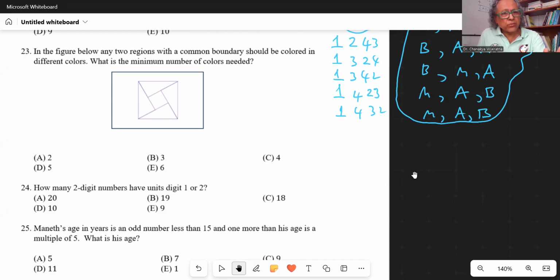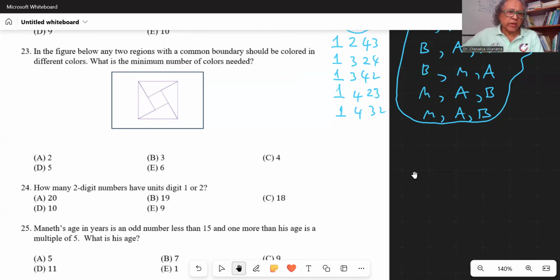So this is actually nothing new, because I think you must have colored a world map or some kind of a map, just for fun. So you have different countries with a common border, and then you need to show the countries separately. So use different colors. If they have a common border, different colors.